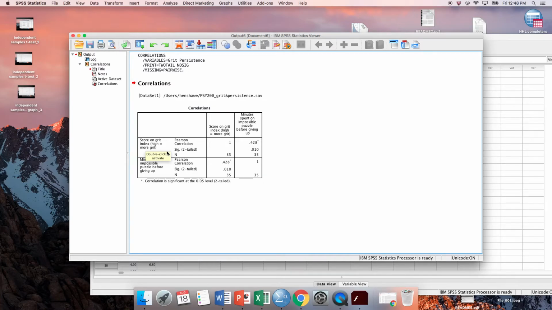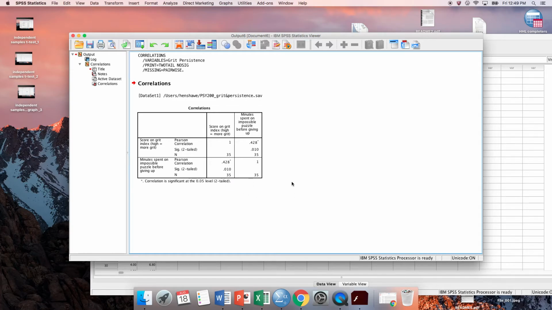Down below, I can see that within that relationship, there's a significance level or a probability value of 0.01. I also see below that my N, which tells me the number of participants, which in this case is 35. So what you'll notice is that the same information is redundantly provided down here. This just allows you to organize the data whichever way is more useful to you, but it's really the same information.